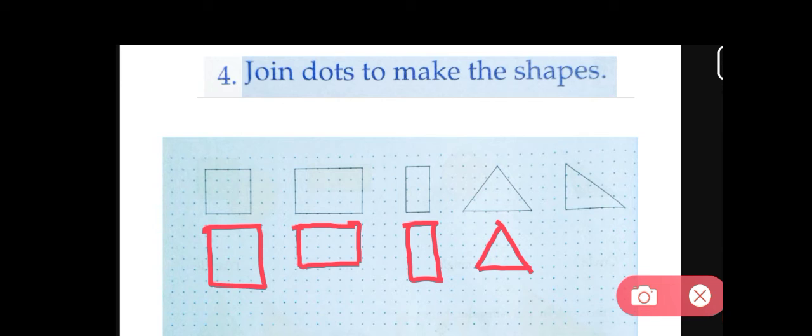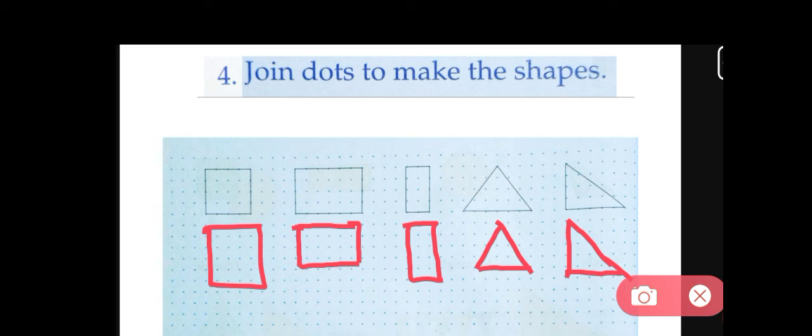Last also triangle. Now with the help of dots we complete our exercise. Number 1 square, number 2 rectangle, number 3 once again rectangle, next triangle, and the last shape is also triangle. Here we have two types of rectangle and two types of triangles.